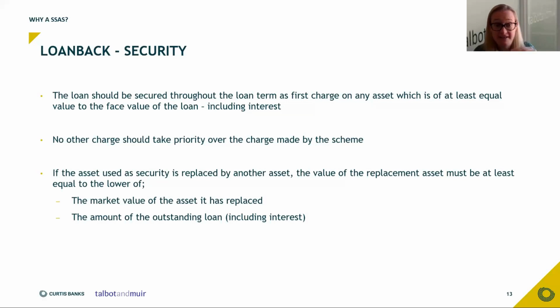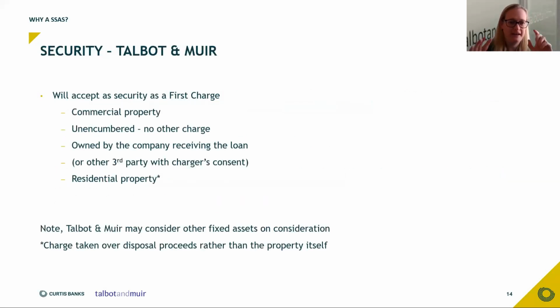So that really is the first test that we always tend to talk about, and usually that's where the loan back will fall down. Let's have a quick look at the asset piece. The first charge could be placed on commercial property. There can't be any other first charge on that property already.